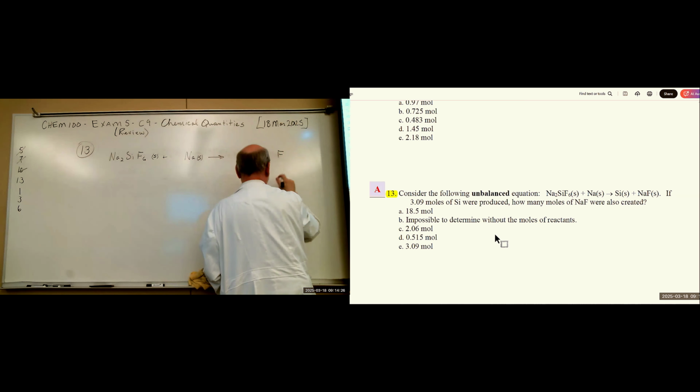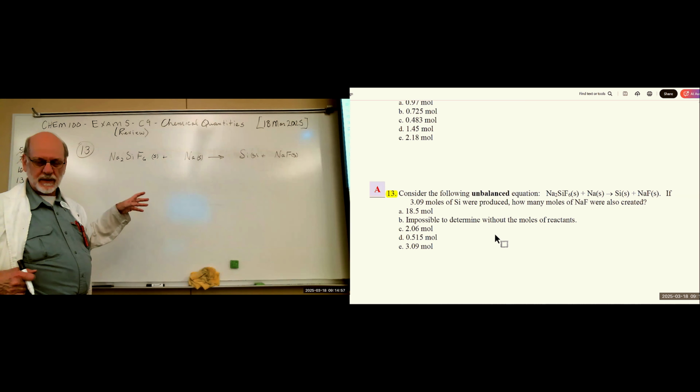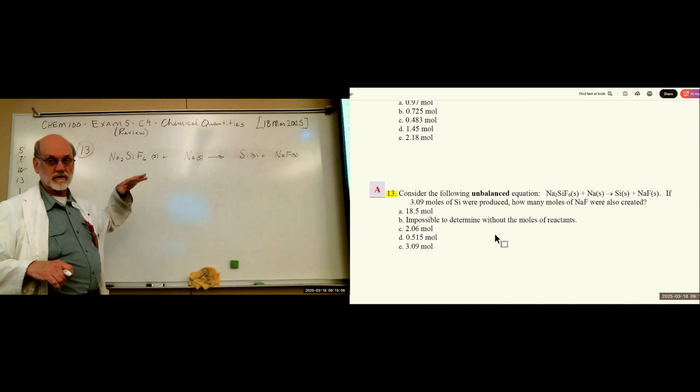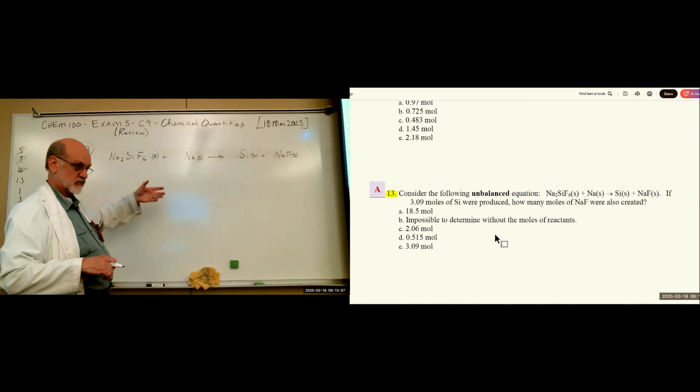So this one should be fairly easy to balance because we have single sodium, single silicon here. That means the fluorine is the only problem one. You can set up your budget and balance this one fairly easily, but I'm going to try to do it without the budget. I'm going to start with the one that's not single. Sodium and silicon we hold till last. Remember, that's one of our rules, one of our tricks.